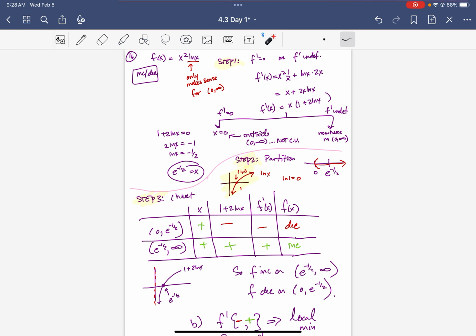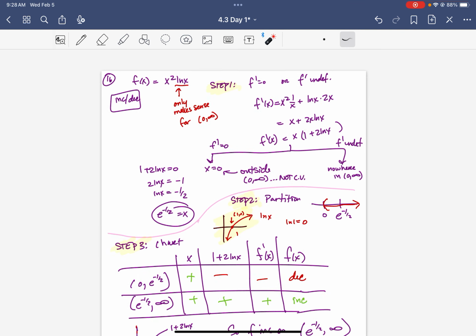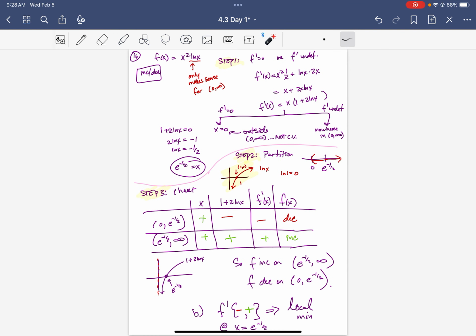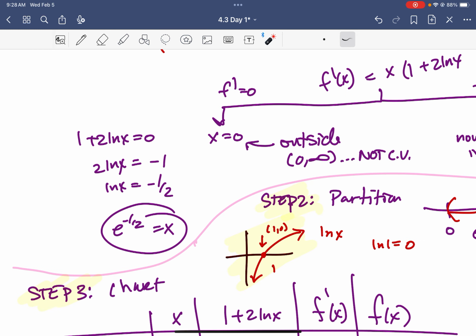So if I look at the natural log function, x squared ln x, I've got my first derivative, which turns out to be this function. And so where is it equal to 0? Well, either x equals 0, or when I subtract 1, I get this. When I divide by 2, I get this. And then I raise e to the power of both sides.